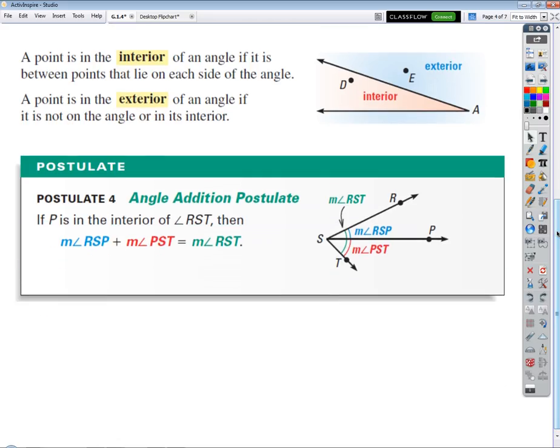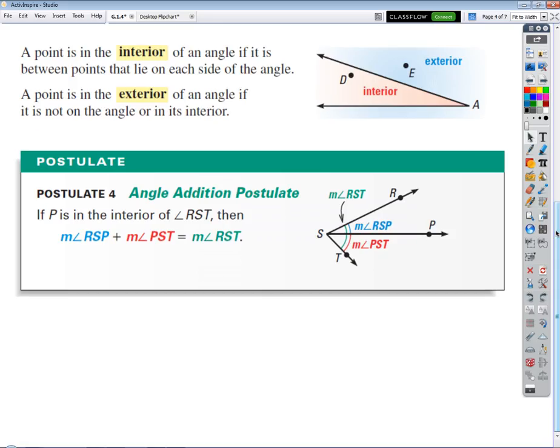Just like we said yesterday, we talked about the segment addition postulate. Are you starting to see how there's a direct comparison here? Everything we did yesterday with segments, we're just doing today with angles, right? Same idea.